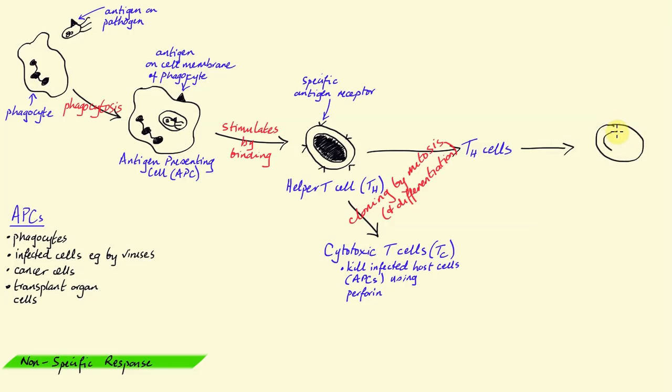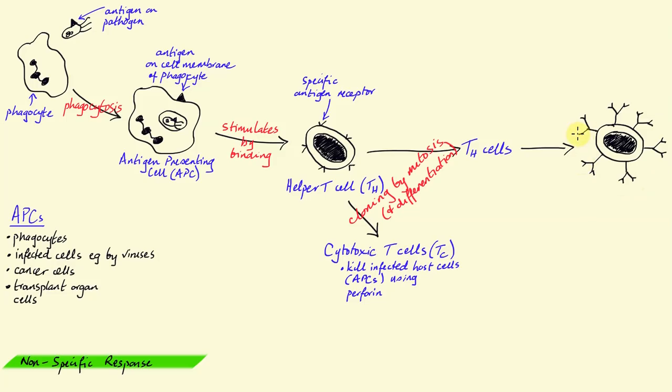But importantly, the T helper cells also go on to stimulate the B cells. Notice that the B cells don't just have the specific receptor on their cell membrane, they have the specific antibody on their cell membrane.